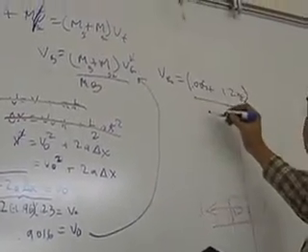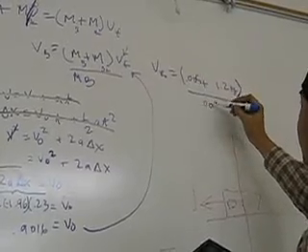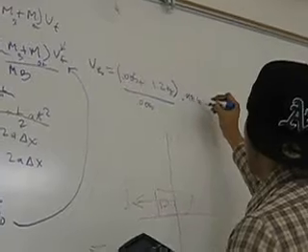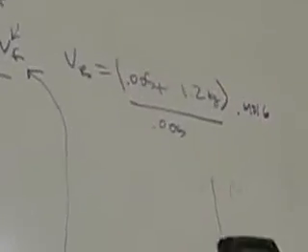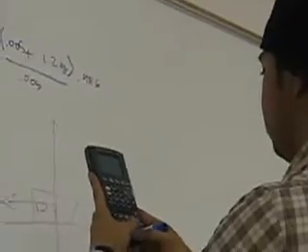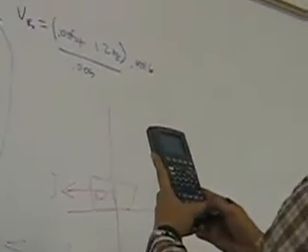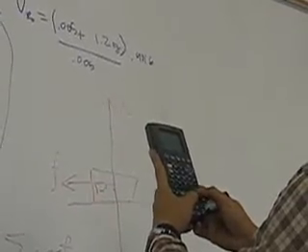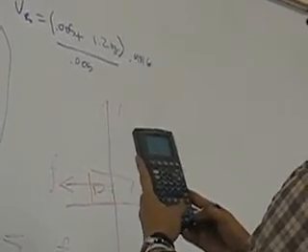All over 0.005. This is 0.9016. So 0.005 plus 1.2 times 0.9016 divided by 0.005.